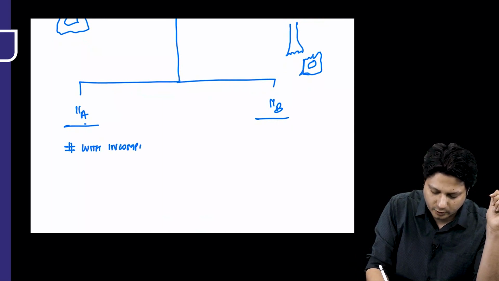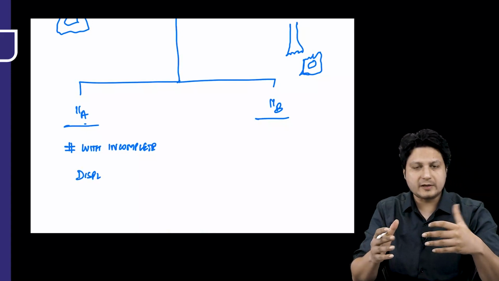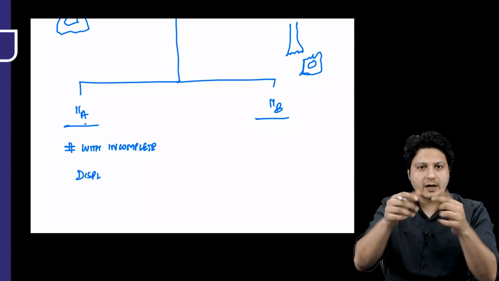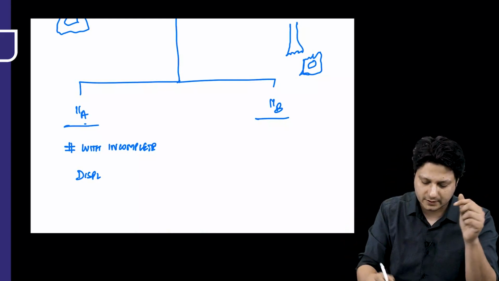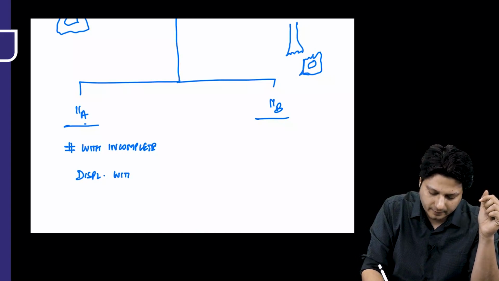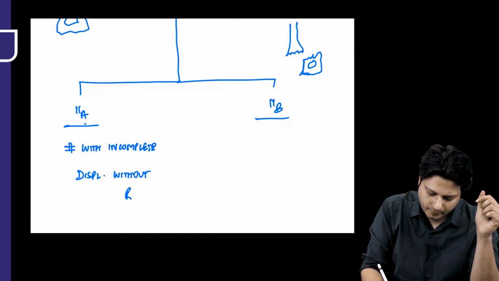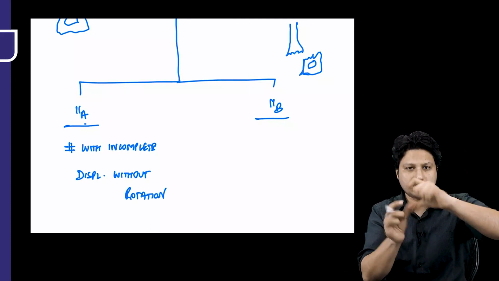That means displacement could be there, but it is not completely displaced. Some areas of the fragments are still in contact with each other, with incomplete displacement but without rotation. That means there is no rotational displacement.